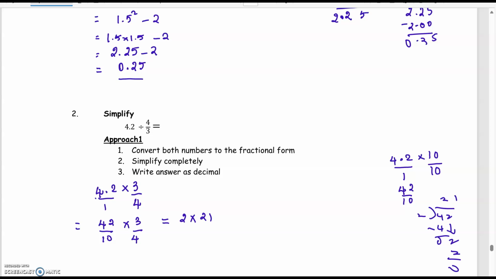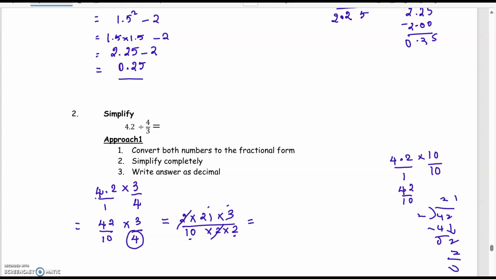So 2 times 21 times 3 divided by 10 times 2 times 2. That's a 4. So we cancel the 2s and nothing else cancels because the factors in 10 are 5 and 2 and then again a 2. None of these are divisible by 2 because they're both odd numbers.